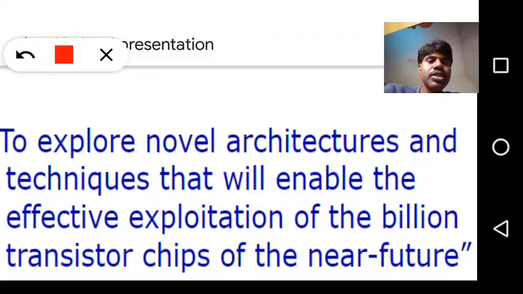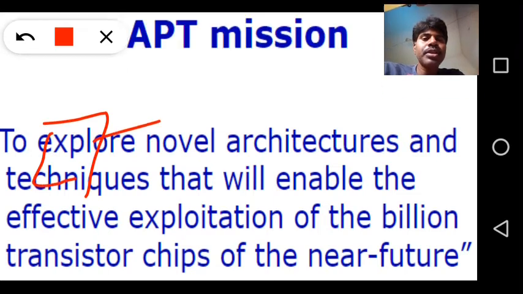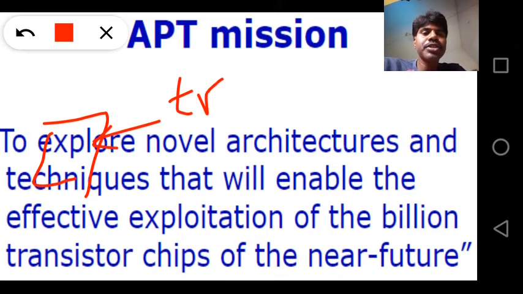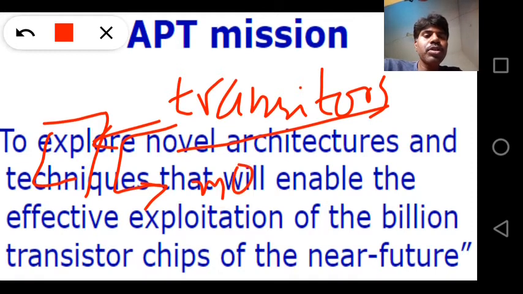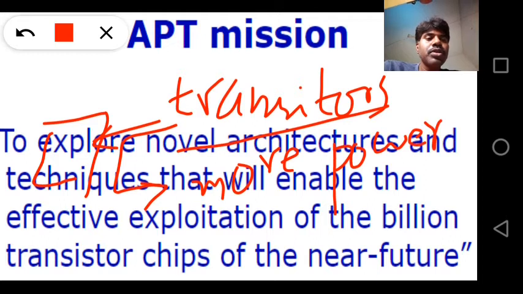The first one is the heat that transistors generate. When you deploy billions of transistors, first they require more power. Somehow we should identify techniques which can reduce the power consumption.